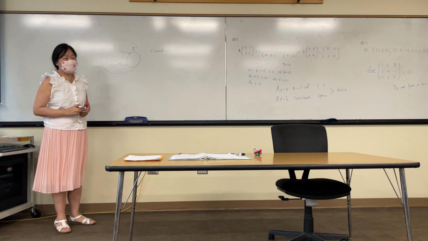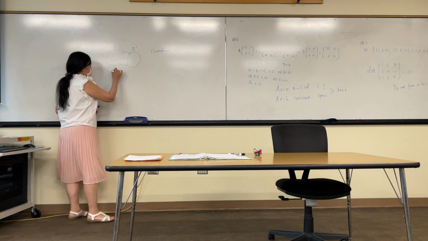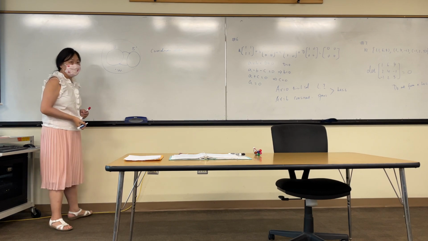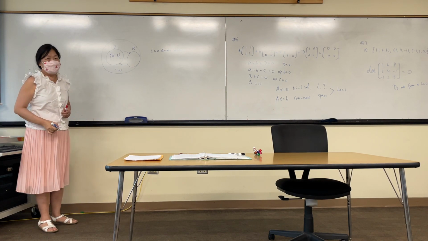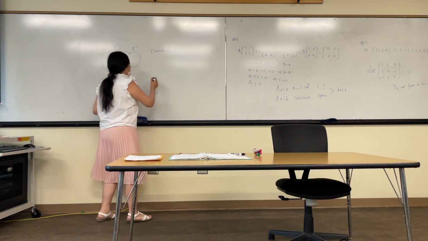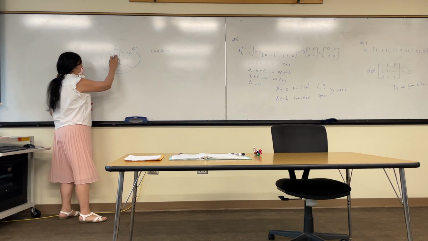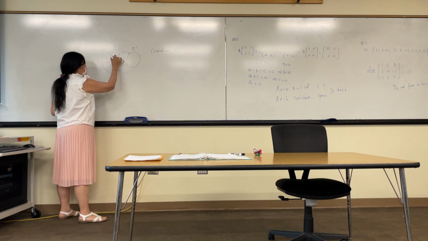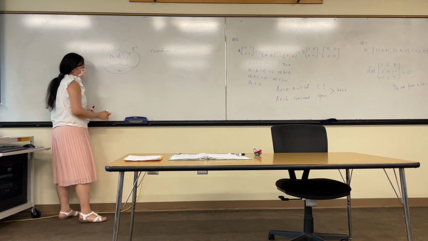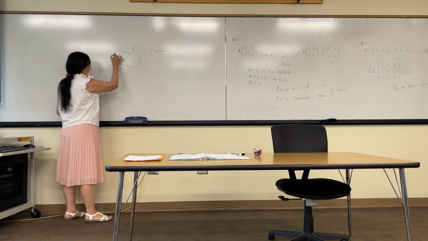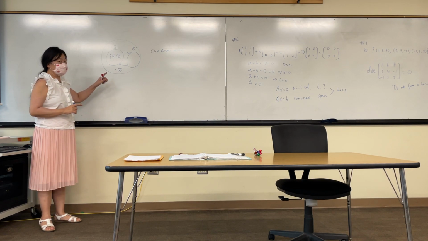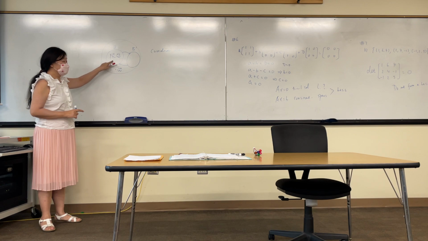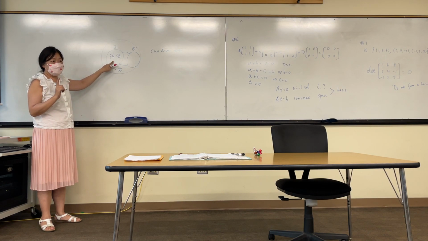What is the coordinate vector? Let's say I have a vector W outside, and then I have vectors here, V1, V2. This is a basis. The coordinate vector is the linear combination that you form between these two. The coefficients make a coordinate vector.